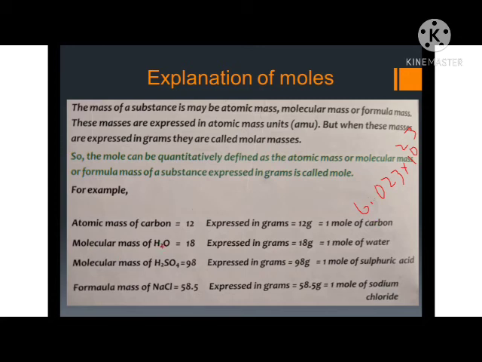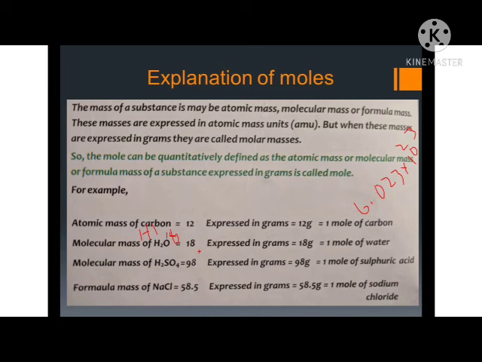Molecular mass of H2O, this is a compound. Oxygen is equal to 16, and hydrogen is 1 for one hydrogen and 1 for another hydrogen. So 16 plus 1 plus 1 is 18.